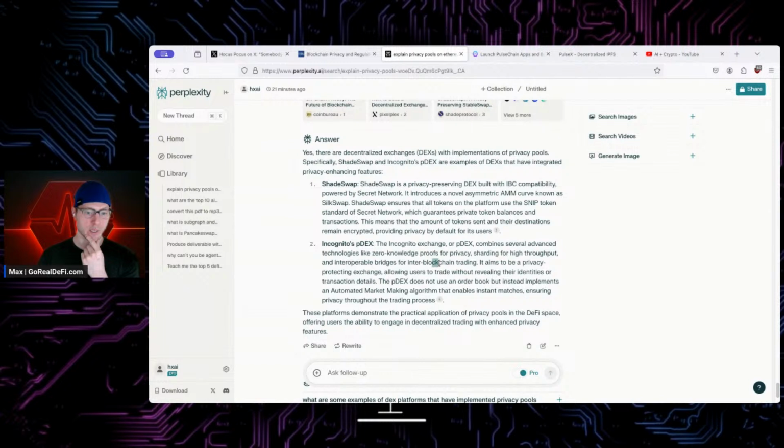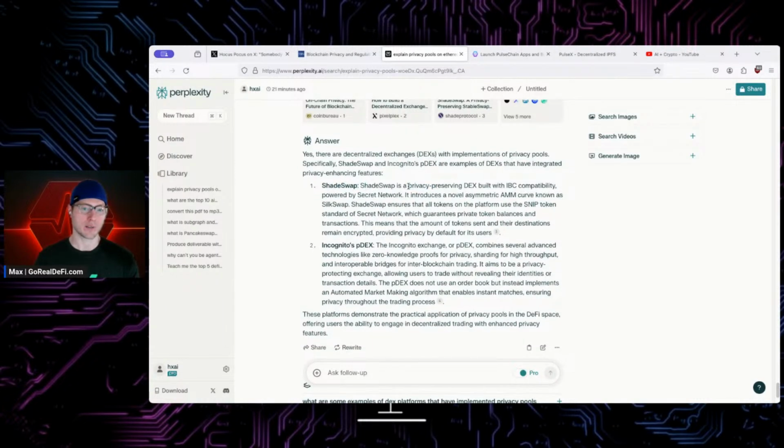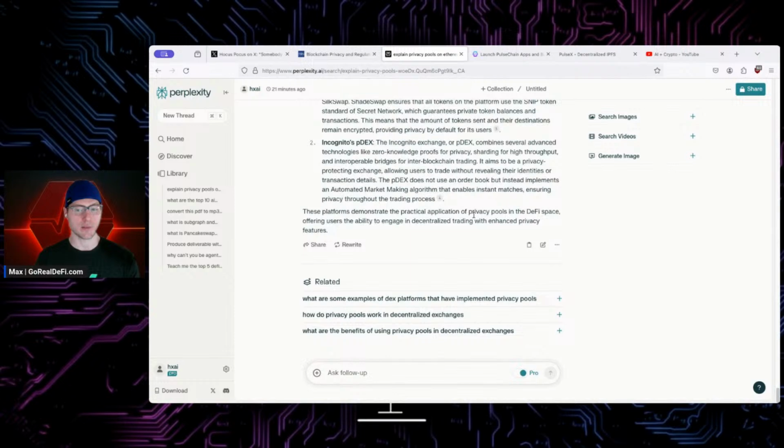I'm not sure if it's using exact privacy pools, but these platforms demonstrate the practical application of privacy in the DeFi space. I guess privacy pools is kind of a generic term encompassing different types of things, such as ZKPs for transactions and the disassociation stuff, an umbrella term for a few different protocols that do stuff like that. So in a way you do have some of this, but definitely early stuff. I wonder, PulseChain, place to innovate, right?